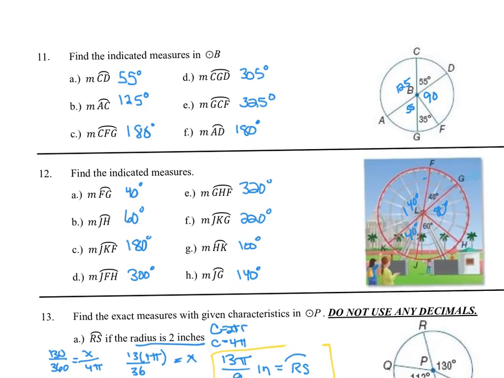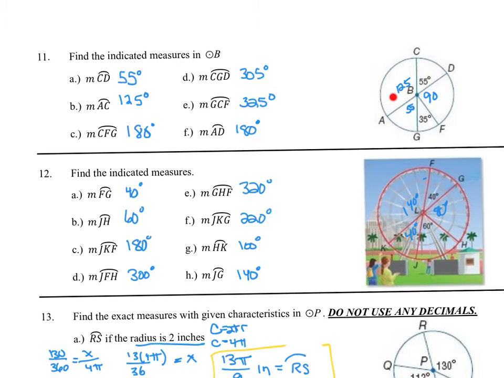All right, let me go ahead and make this just a little bit bigger. One of the things that I like to do with this is, even before I look to see what I need to find, I come over here and say, well, if this is 55 and if this is 55 and this all here is a semicircle at 180, this must be 125.